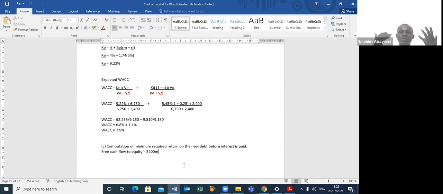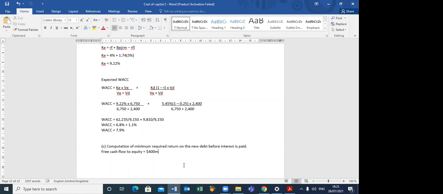When we relate this to a company, free cash flow will be said to be cash flows that are available to companies after all necessary business obligations, provisions, and the like have been duly met. You have settled your employees.